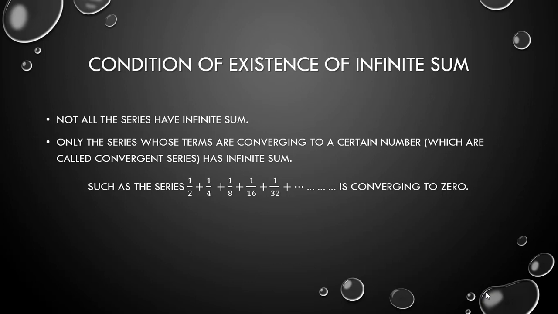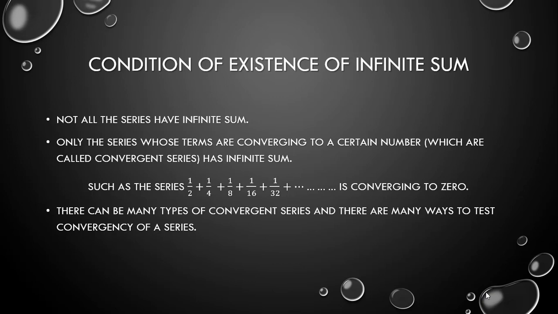As far as we go, the terms will approach zero. As far as we go, we will see that the terms are becoming zero. So this series is called convergent, and this series is converging to zero.